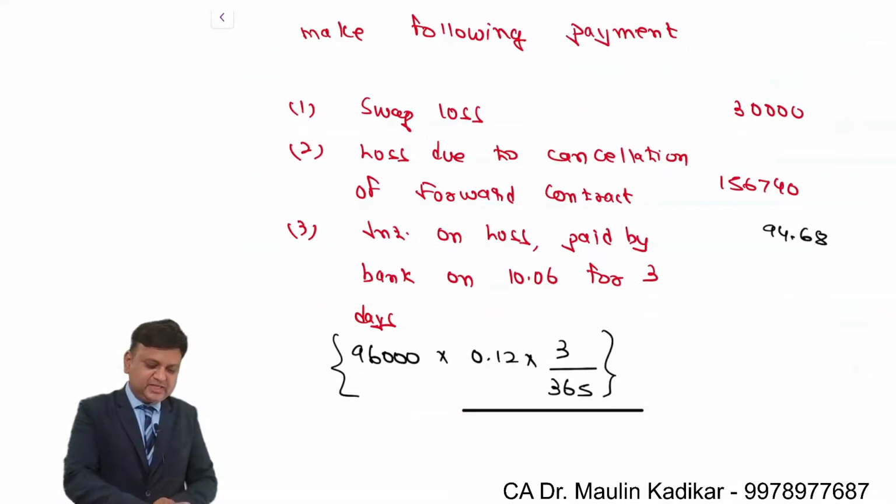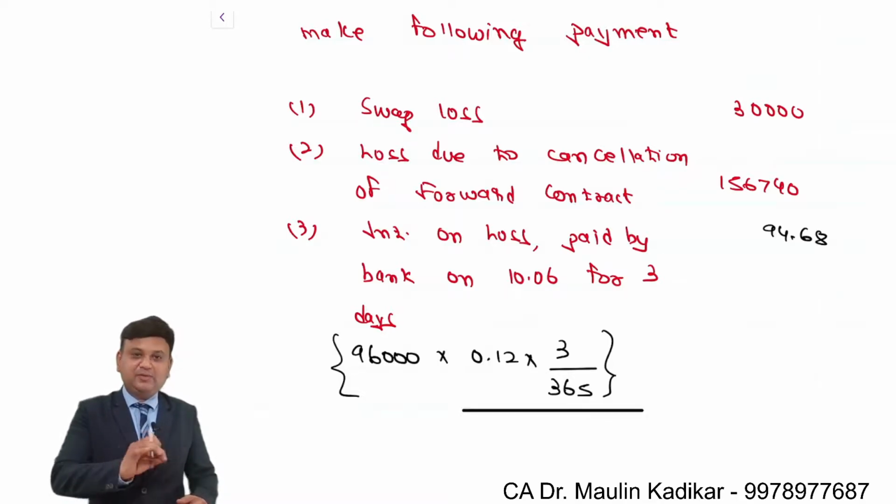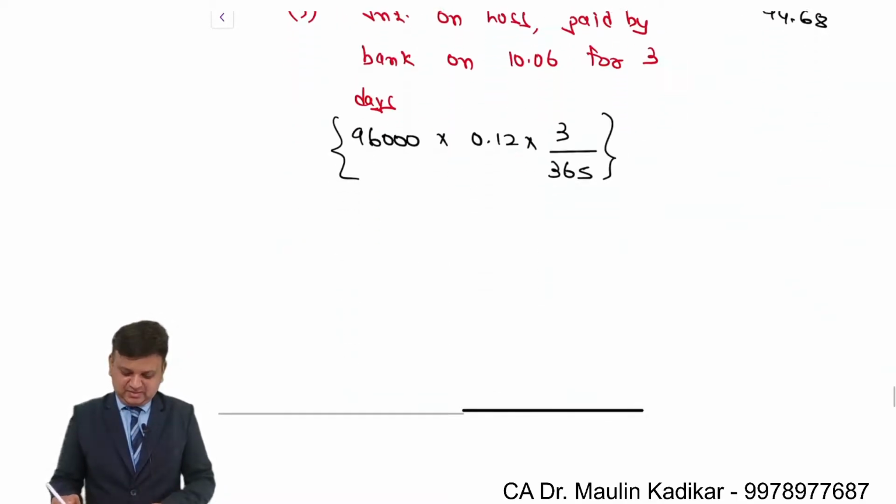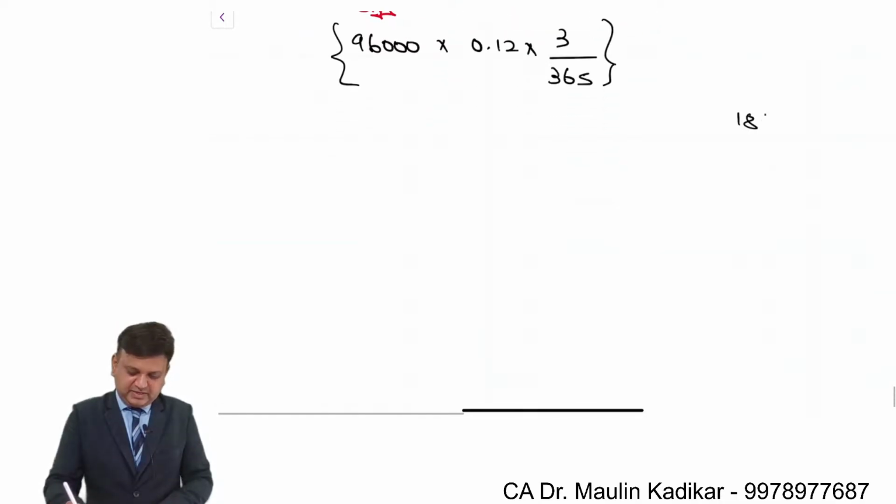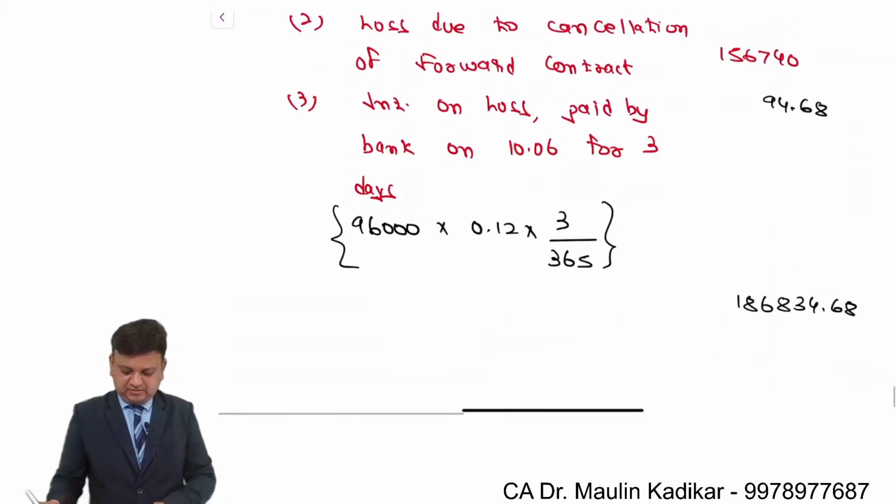So without asking a single word, this is the amount that you have to take from his pocket. 1,86,834.68.